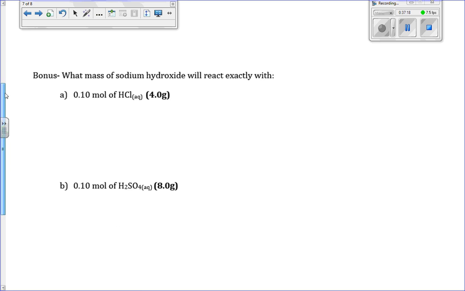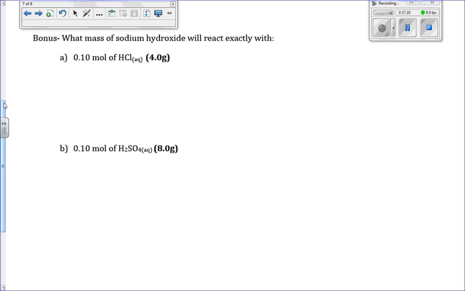And bonus. What mass of sodium hydroxide will react exactly with 0.10 moles of hydrochloric acid? Well, first things first, let's build us a balanced equation.